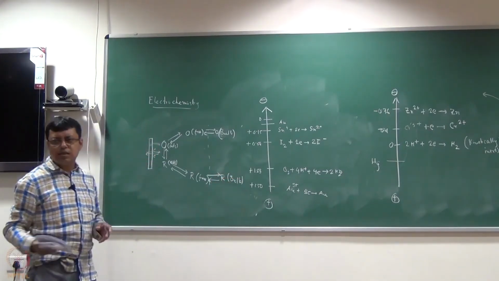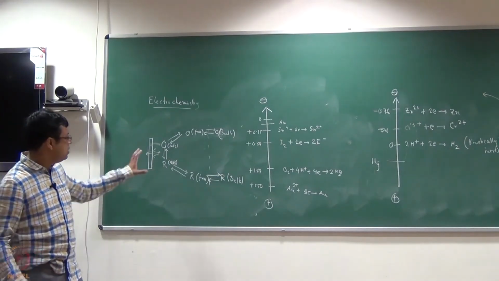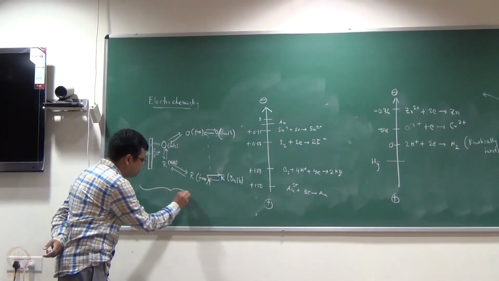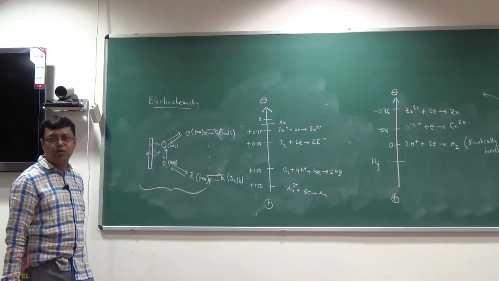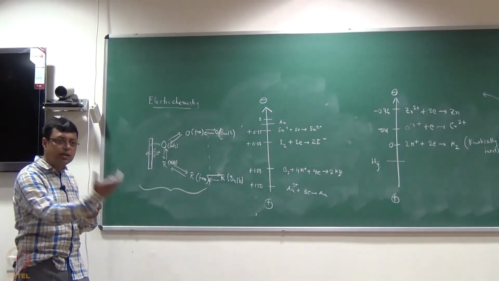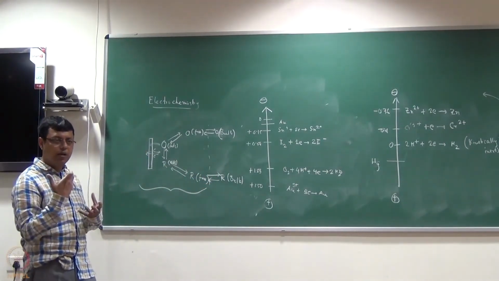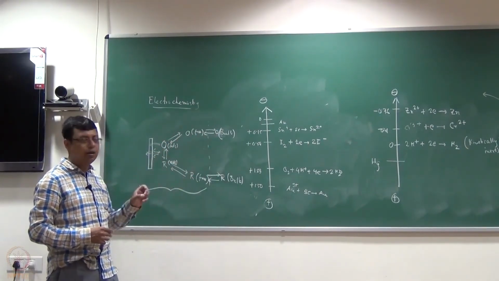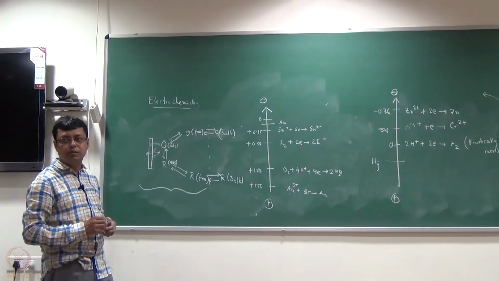So this is actually what is going on. There is a region which is close to the electrode, and then there is a bulk. From the bulk there is an equilibrium, which is coming near to the electrode and then getting adsorbed, and all these things are happening. After adsorption only I will have the electron transfer.